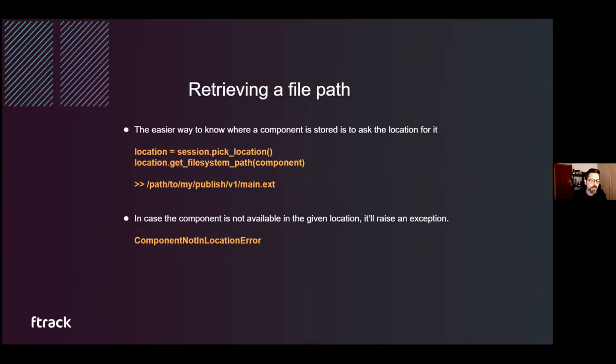Pick location will return the location you use by default to publish to. So if you want to know where a file lives, you need to know which location you want to retrieve the path from. You can simply take the location, get file system path, pass the component, and this will return the decomposed file path on your disk.